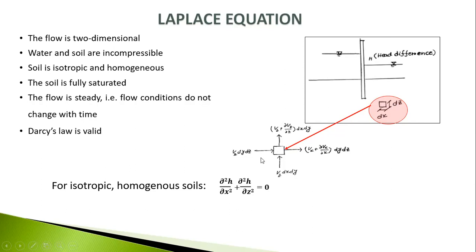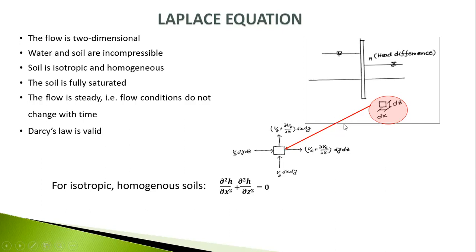Now we have to see how much discharge velocity is going on and how much inflow is coming. These two terms are known as inflow through the soil particles, and these two terms denote the discharge velocity, that means how much water is discharged.